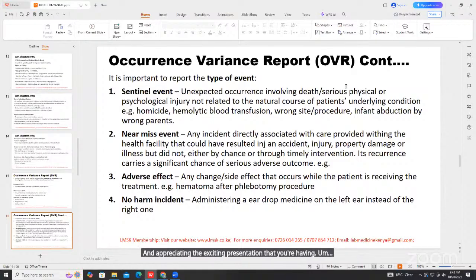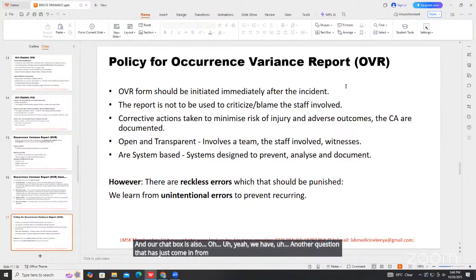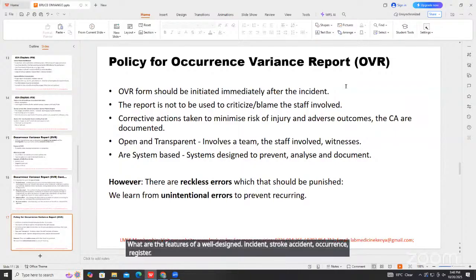We don't have any other question in our question area. We have another question that has just come in from Peter Owako, and it goes, what are the features of a well-designed incident/accident occurrence register? Back to you, bro.